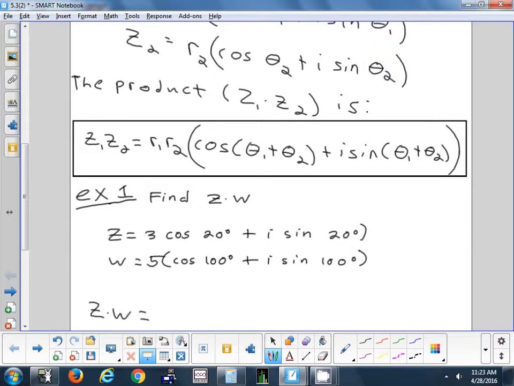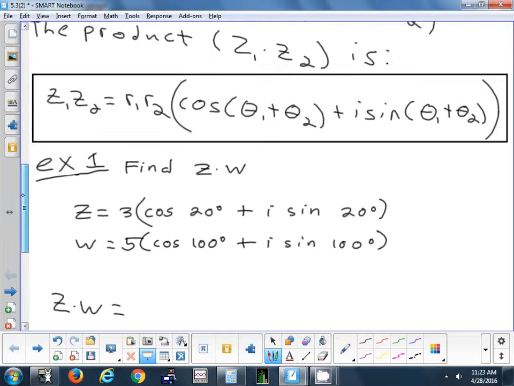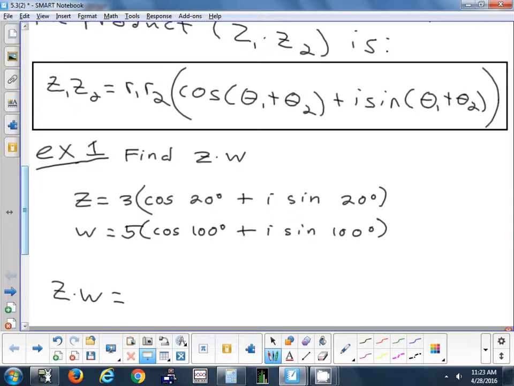All right, so let's try this one. They can call the complex numbers whatever they want. If they want to call them Z1 and Z2, they could call them A and B, Z and W. It doesn't matter what they call them. We just have to focus on the 2 radii and the 2 angles.